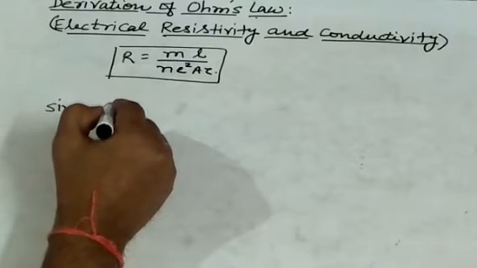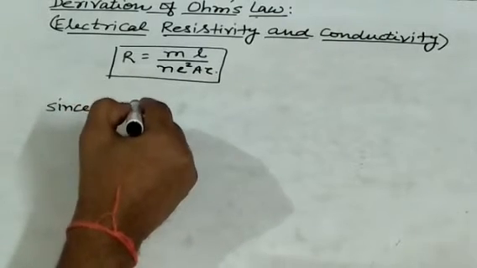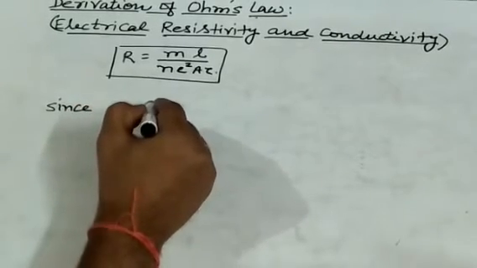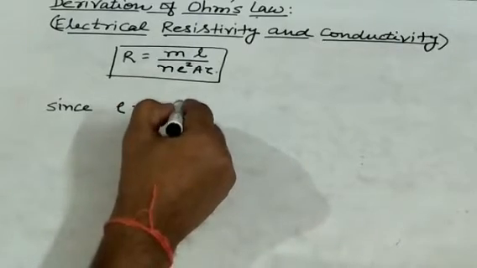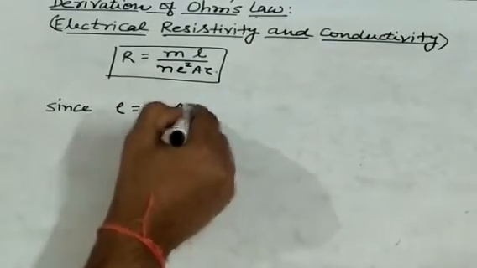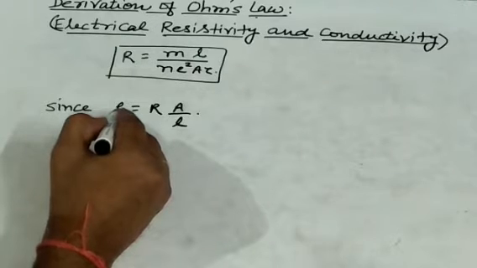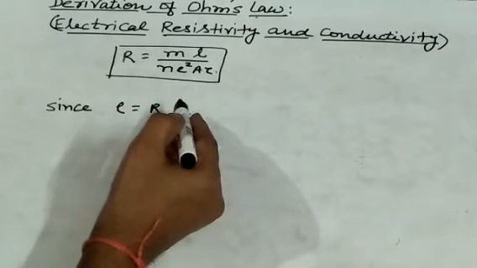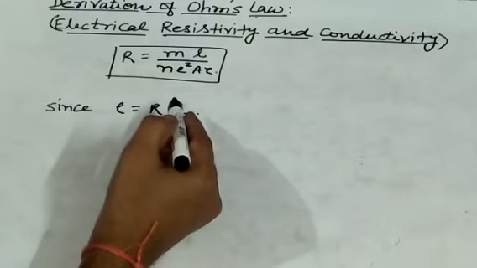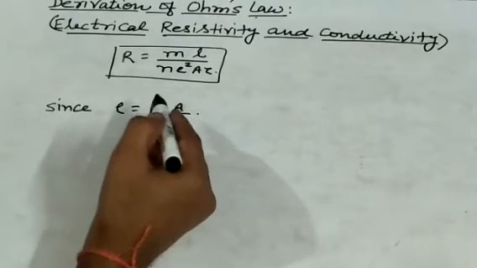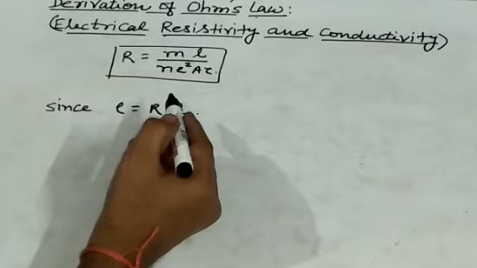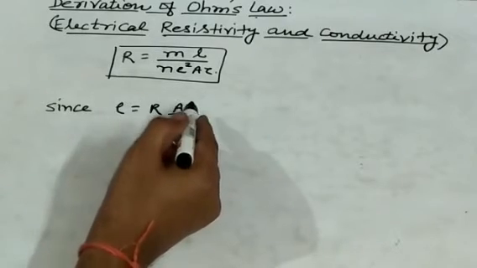Since specific resistance rho or resistivity rho is equal to R into A by L, specific resistance can also be given in terms of material parameters like mass of the electron, number of electrons per unit volume in the conductor, average relaxation time.